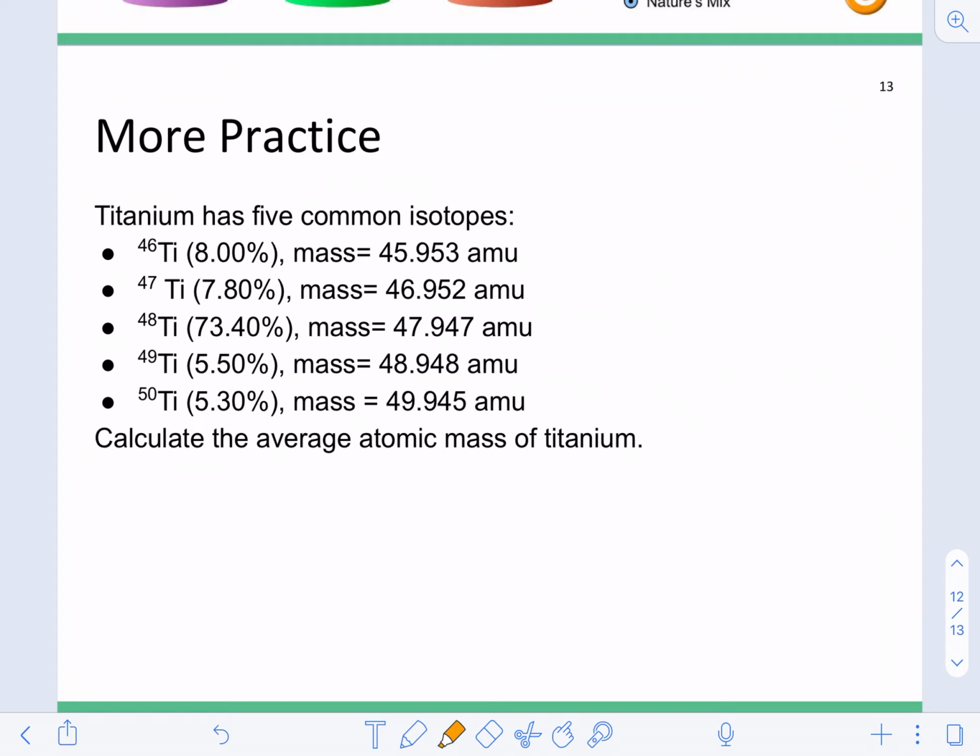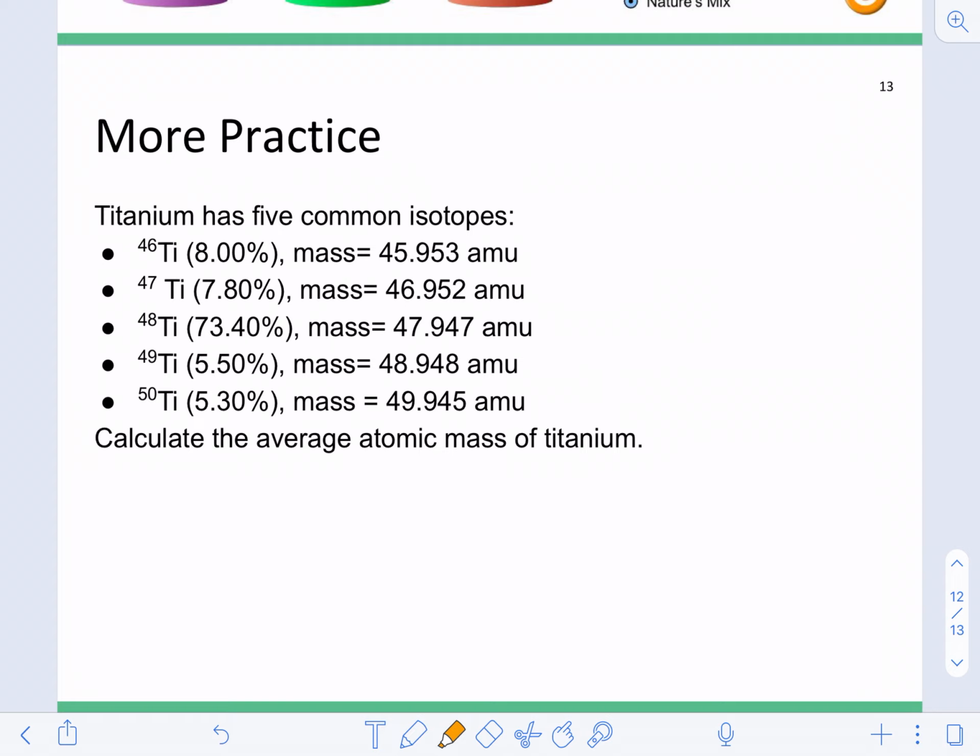I'm not going to go ahead and do this one with you, but there are a few things that I want you to be careful with. I want you to try it on your own. I am going to write the answer down so you have it, and then you can check your work. The first thing that you should notice is that there are 5 isotopes. So titanium 46, 47, 48, 49, and 50.